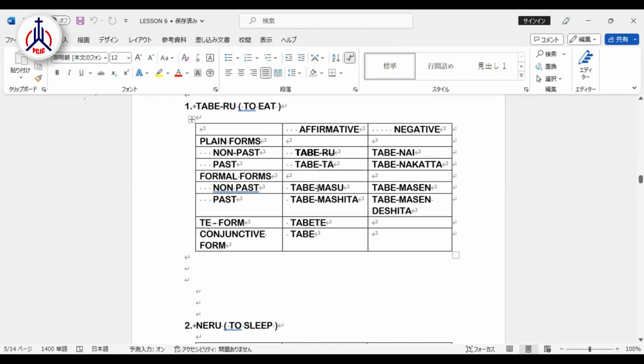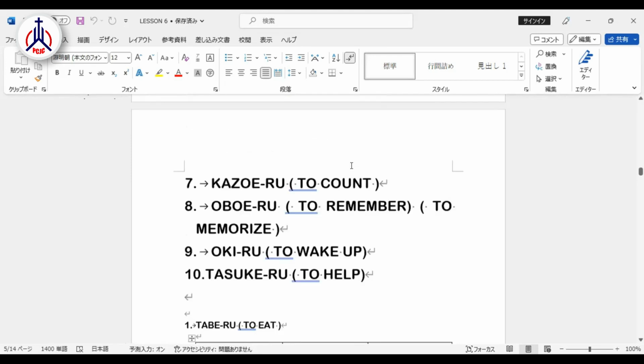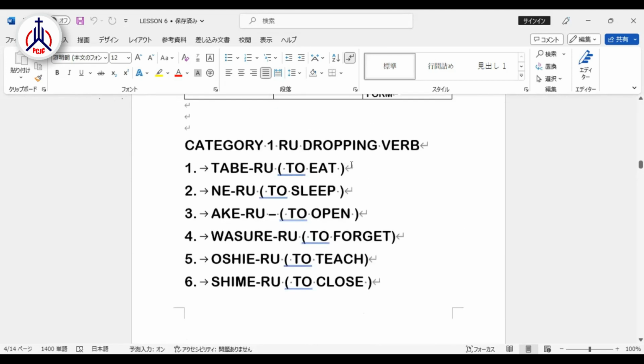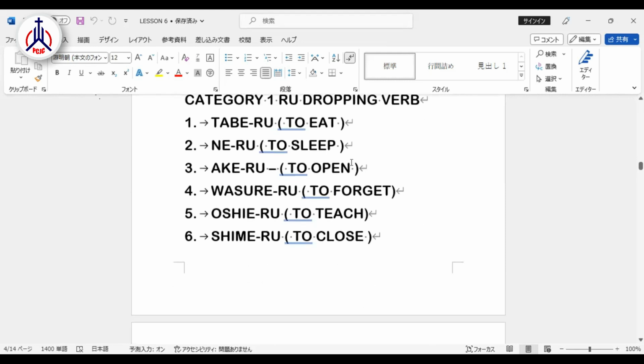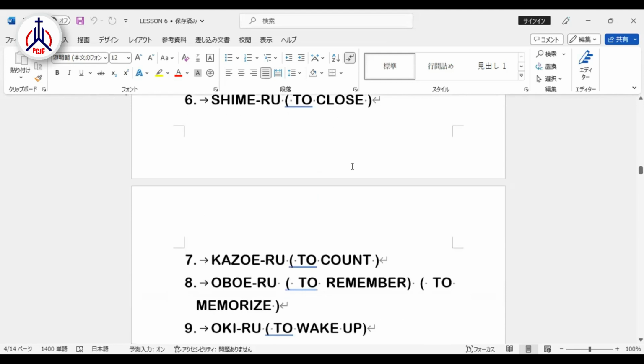And then the formal form is also easy because you just add masu. And again, if it is a past form, add mashita. So it's very easy. You just need to know that the verb ends in ru. So if you already know, oh, okay, that's taberu or akeru or wasureru, you know how to conjugate already.